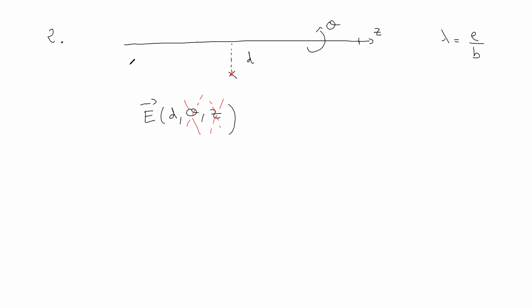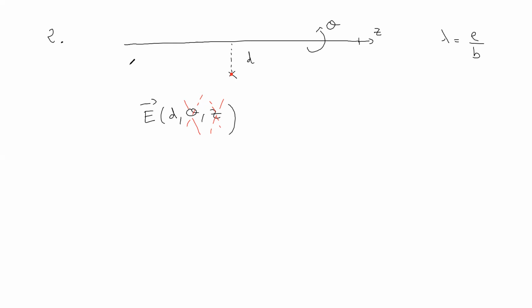But at the same time, I could also take a perpendicular plane that is perpendicular to the z-axis and containing the red point. And again, this plane is a symmetry plane because we have an infinite cylinder, so both sides are totally mirror of each other, and this field contains the red point. So it's also a plane that should contain the field.